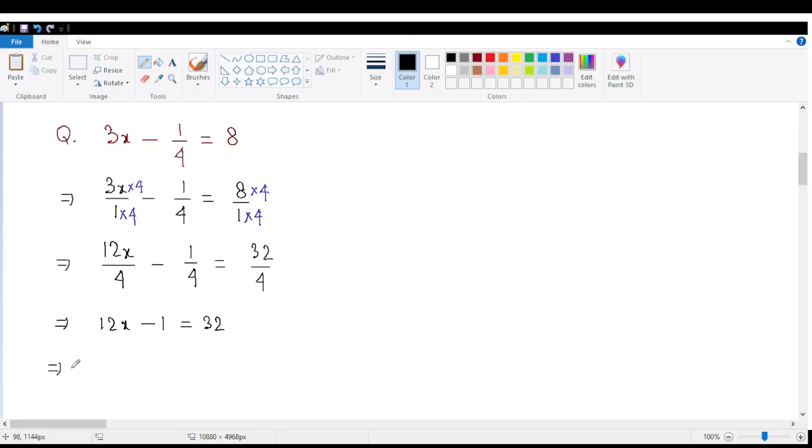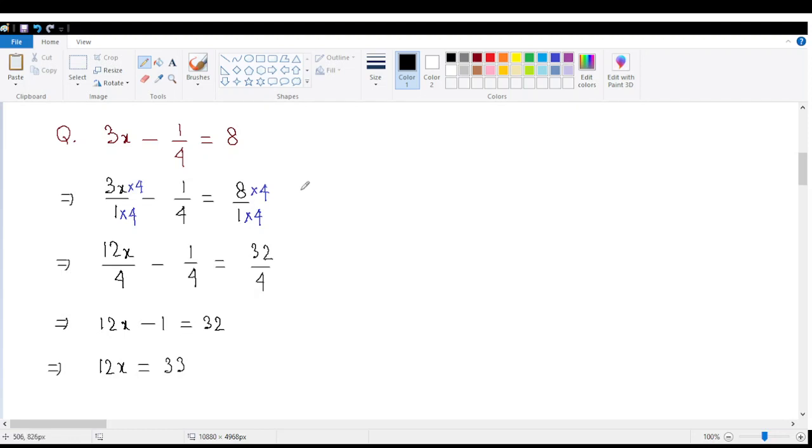So 12x is equal to 32 plus 1, which is 33. Why? Because the 1 has gone to the other side, right?